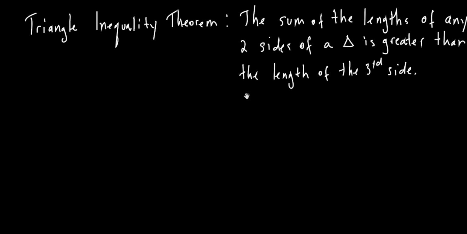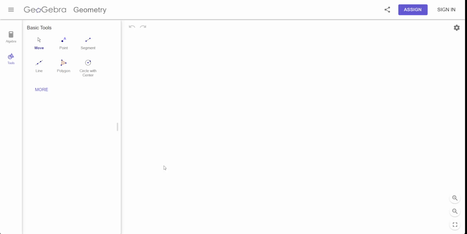I have in my notes to use GeoGebra to demonstrate this. And again, lack of preparation. I probably should have practiced this, so beware. I may mess up a little bit, but I think I might be able to figure it out. So GeoGebra right there. There's GeoGebra. I want to do a demonstration.